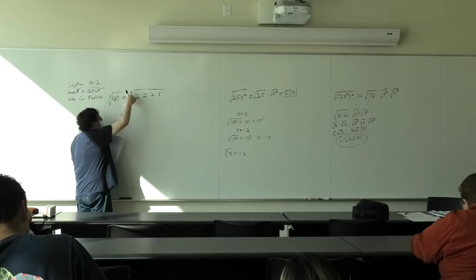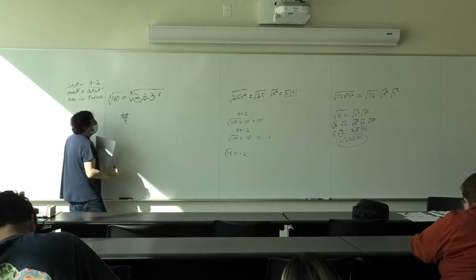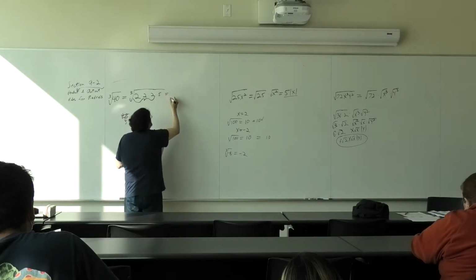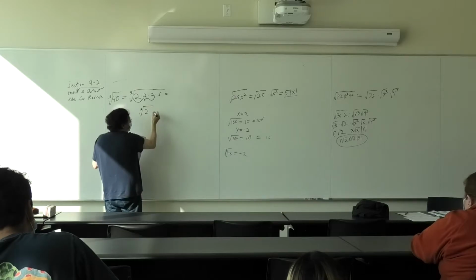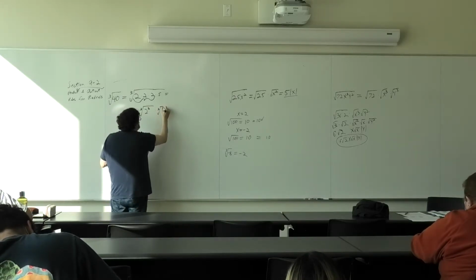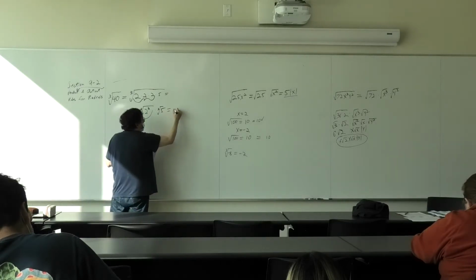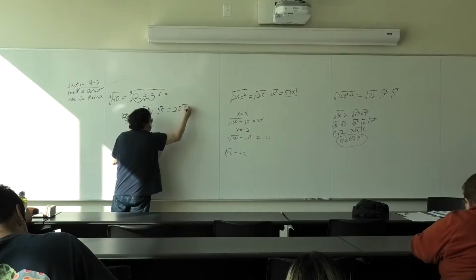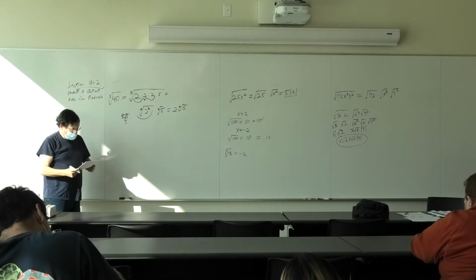Since I'm doing a cube root, I'm looking for groups of 3. So this is the cube root of 2 times 2 times 2, which is 2 cubed, times the cube root of 5. And this, of course, becomes just plain 2. So that's how I could simplify that.